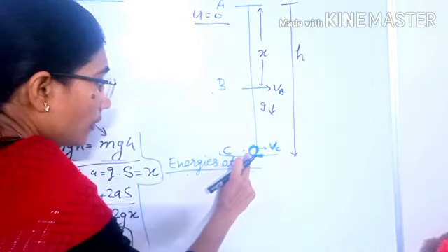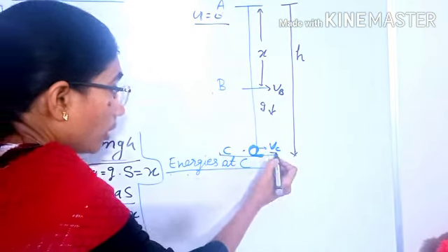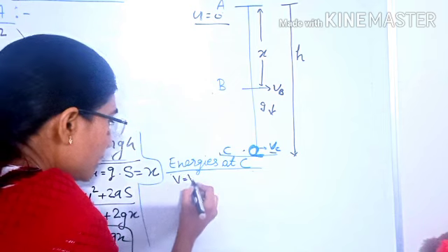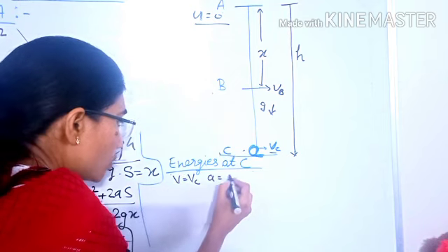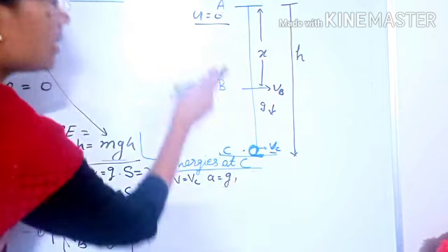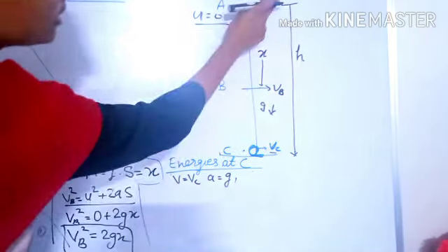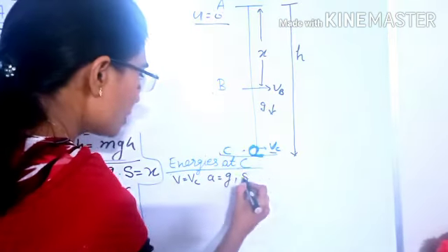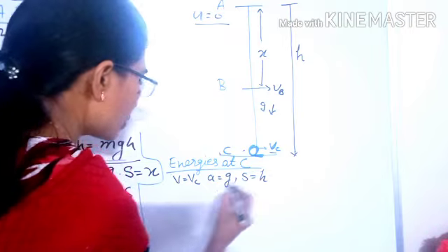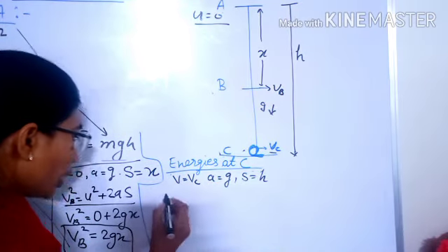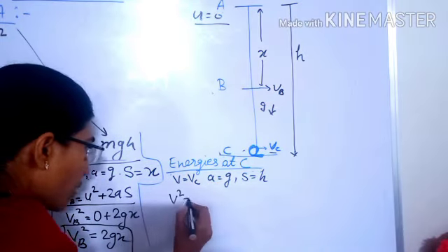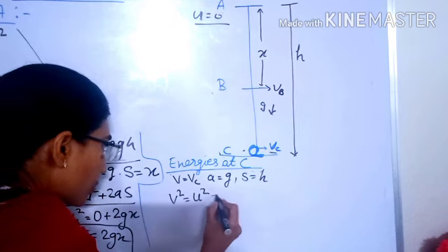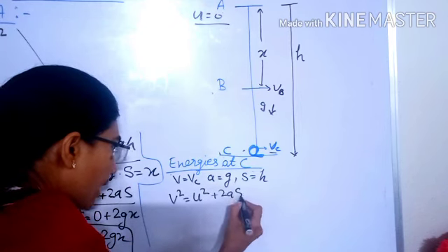At point C, where the object reaches the ground, the final velocity is vc, a is equal to g, and the distance travelled from A is h. So s is equal to the displacement h. Now we will use the equation of motion, v square is equal to u square plus 2as.